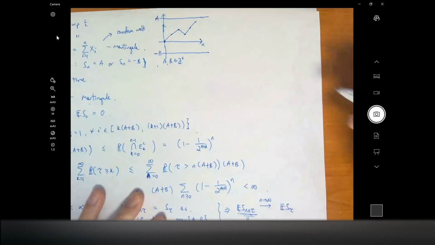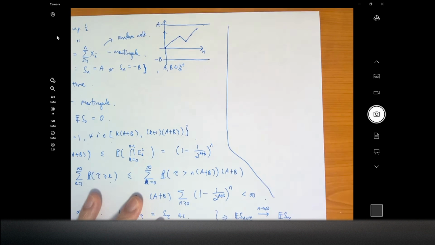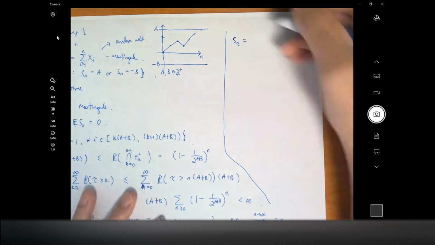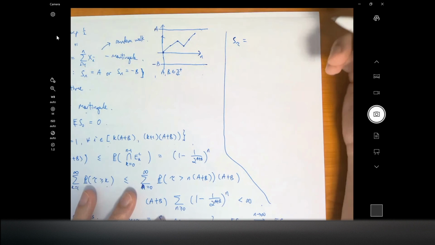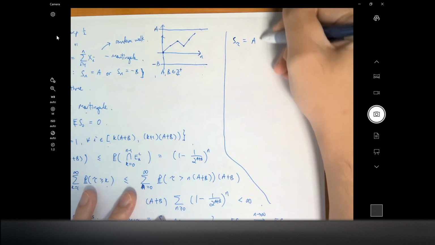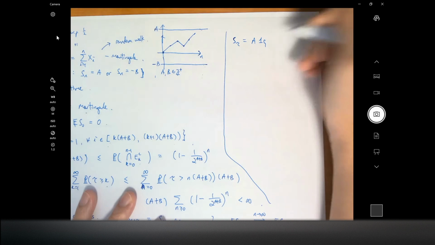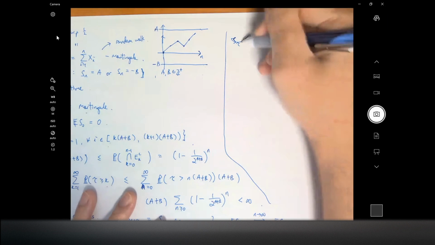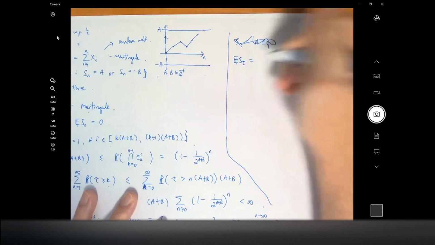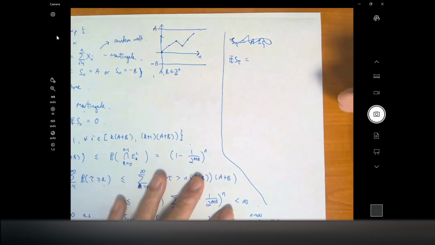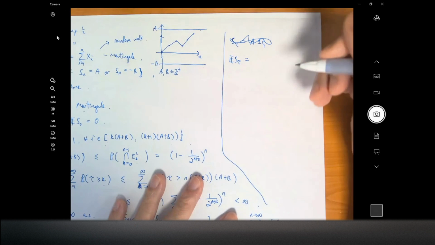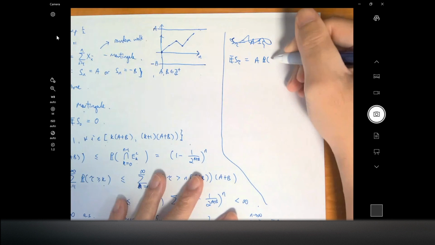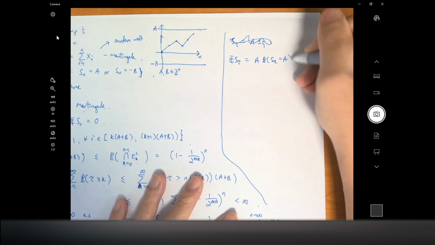Okay, but on the other hand, we can actually compute what this expectation is. So S_tau is either A or minus B. So S_tau itself will be equal to A when I hit the upper boundary first, so it will be equal to A with probability P(S_tau = A).